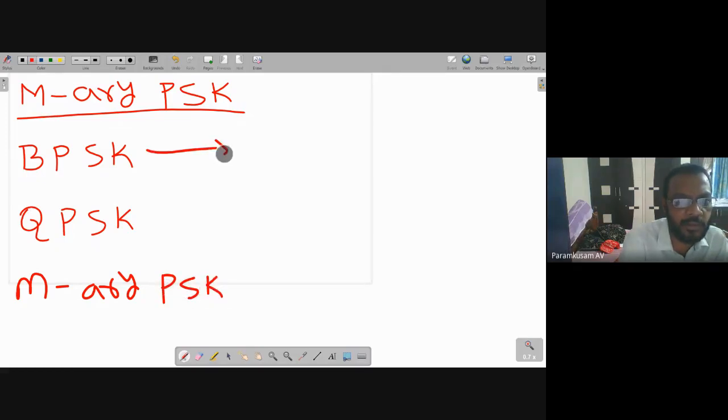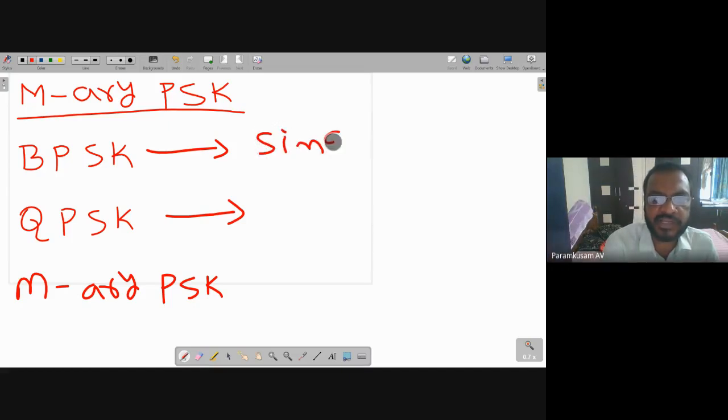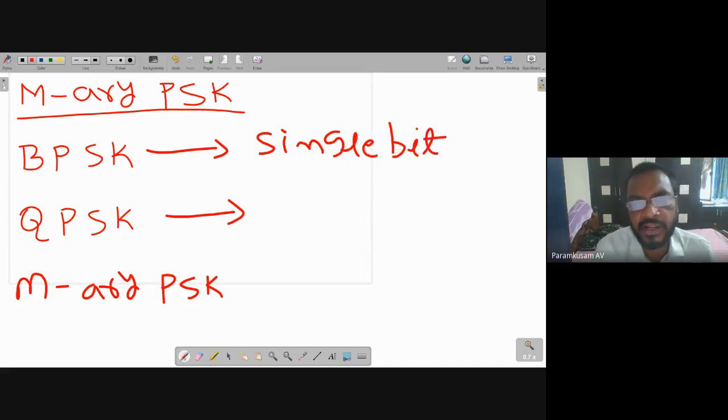Let us recall BPSK and QPSK. In BPSK, what happens? We transmit a single bit in 1 bit duration, TB, where TB indicates 1 bit duration.